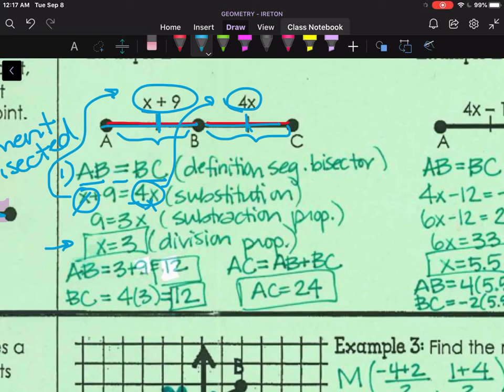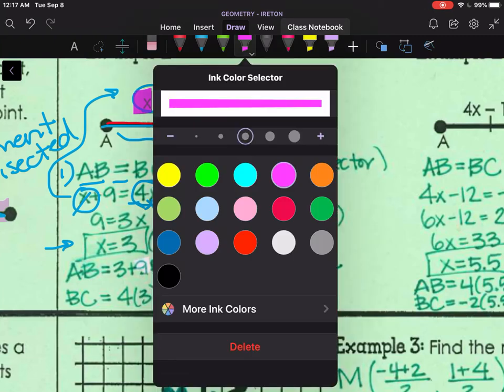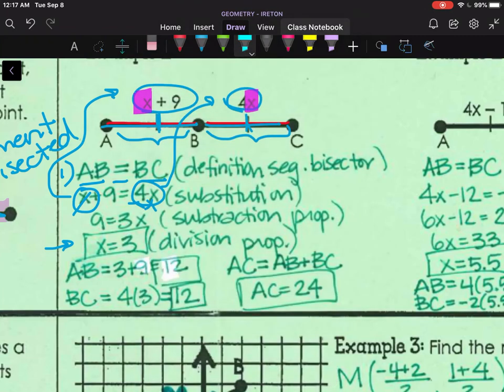We have to plug in x everywhere we had it up here. We've got AB equals x plus 9. So we plug in 3 plus 9, since we got 3 for x, and we end up with 12.